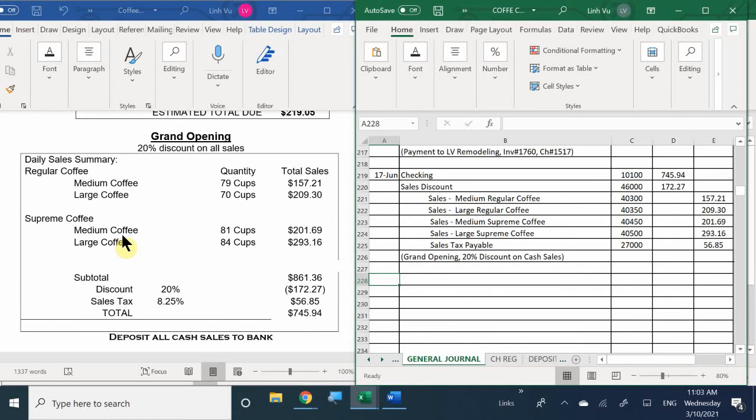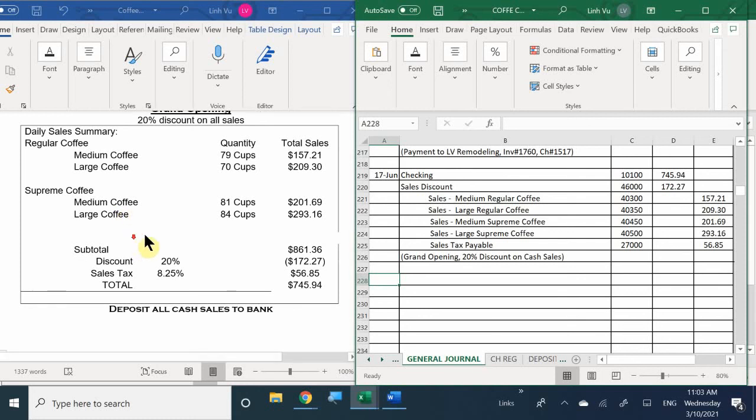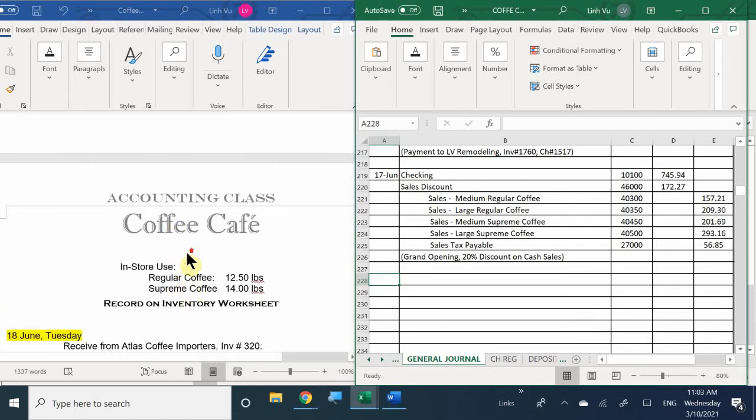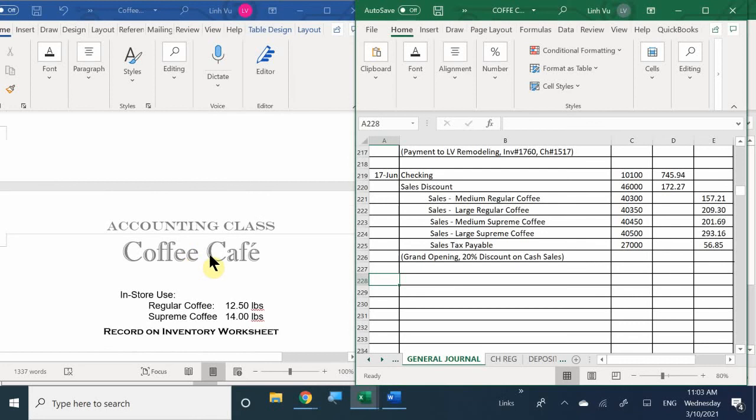We did moving average, okay, so that's the costing method, but what tracking method did I use? Perpetual. So here you go. I have perpetual inventory, and now because I have perpetual inventory, my obligation is I need to update my inventory.